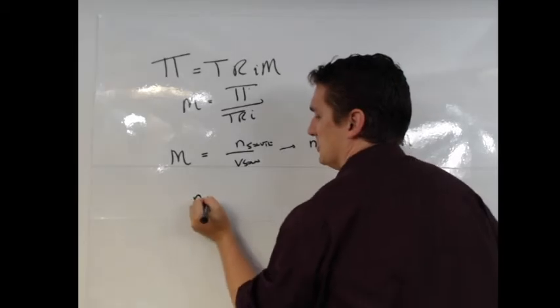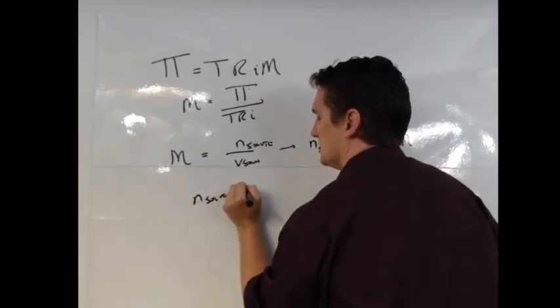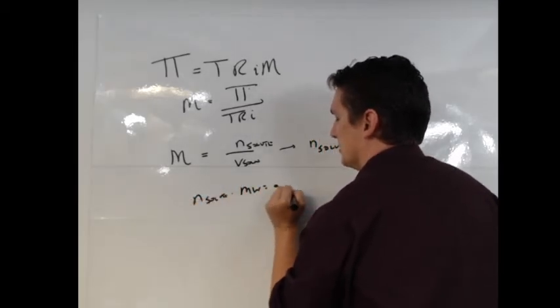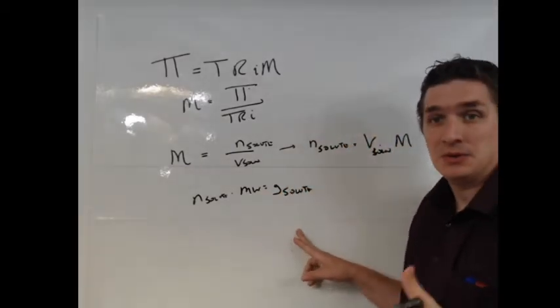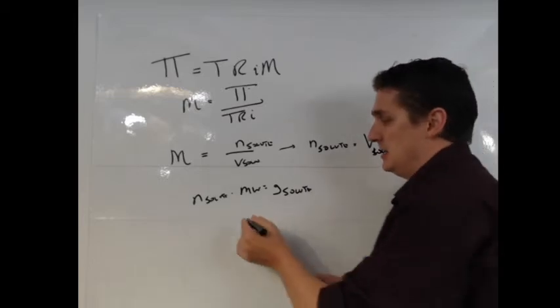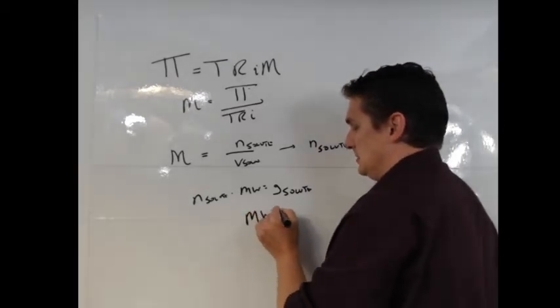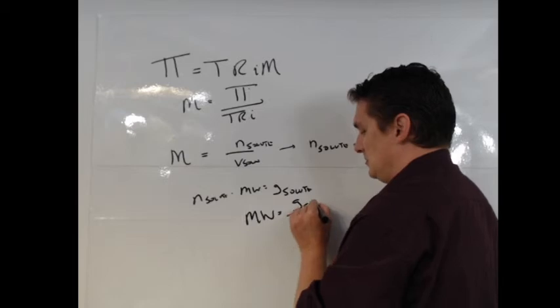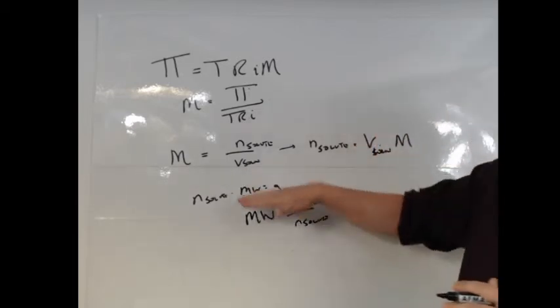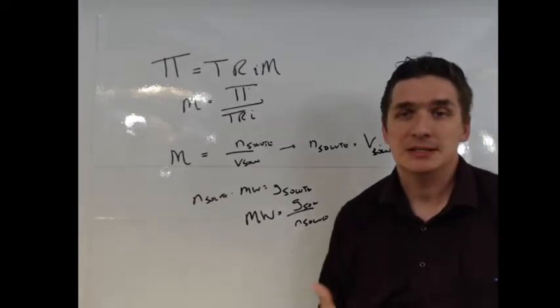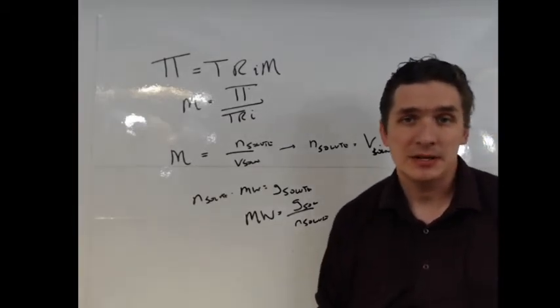Then you get the relationship: moles of solute times the molecular weight equals the grams of solute. The grams of solute are given to you in the problem for these types of problems. So your molecular weight here is just the grams of solute divided by the moles of solute. This part is analogous to what you saw when we did the delta T equals Kim calculations to find molecular weight.